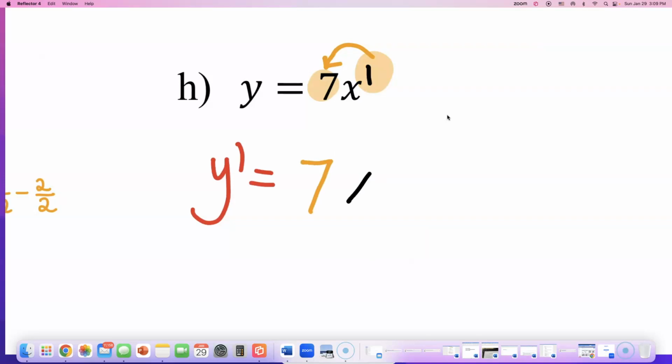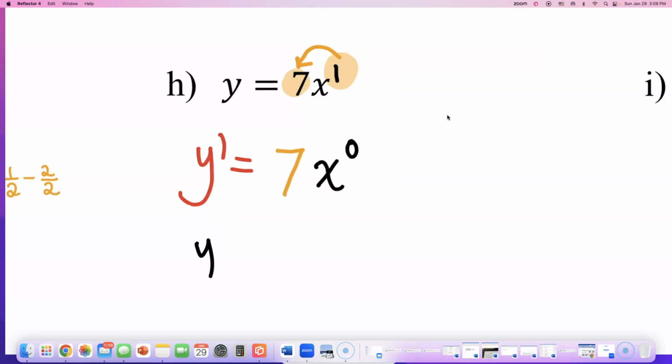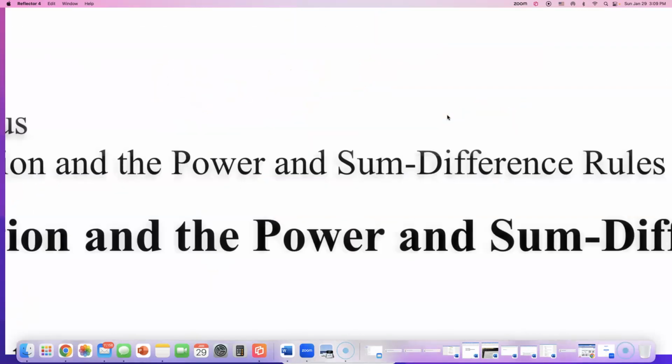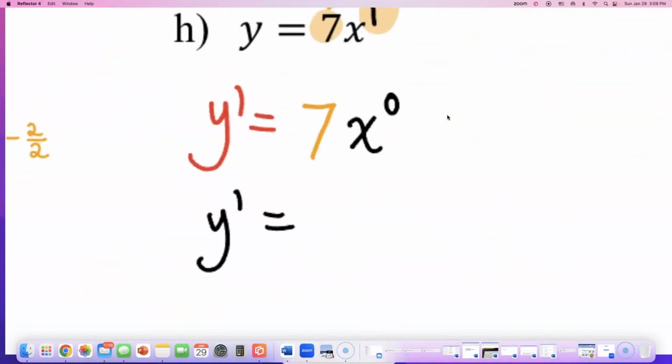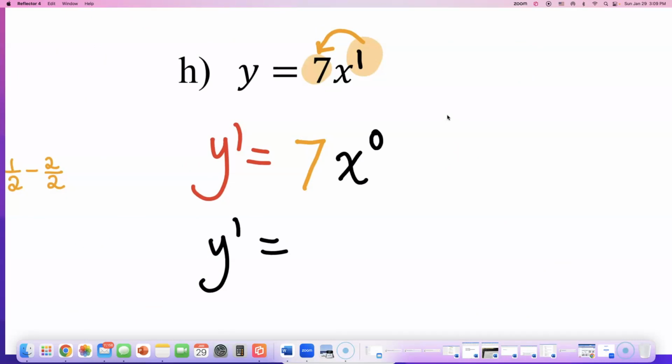And for x, the new exponent will go down to 0. But again, anything to the 0th power is just 1. So this just becomes 7 times 1. So the answer is 7.